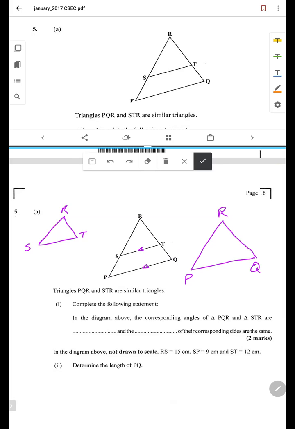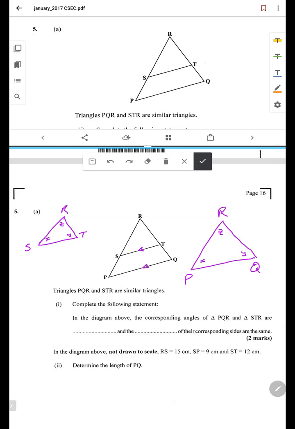In addition to that, the ratio of corresponding sides in the triangles are equal. Three angles will be equal. So if this triangle has angles X, Y, Z, then this triangle will have the same three angles X, Y, Z. And if you think about sine rule, remember sine rule is a relationship between the angle and the side opposite, then the ratio of the corresponding sides will be equal.